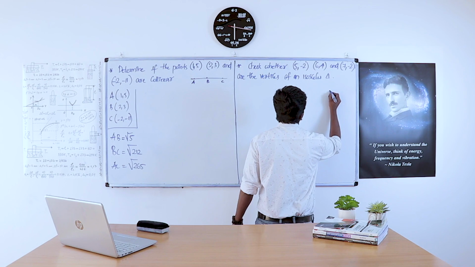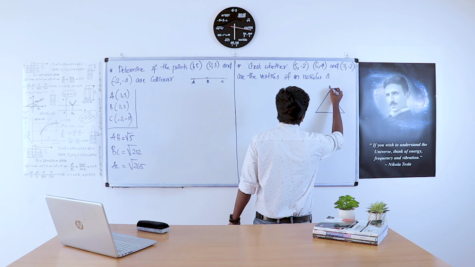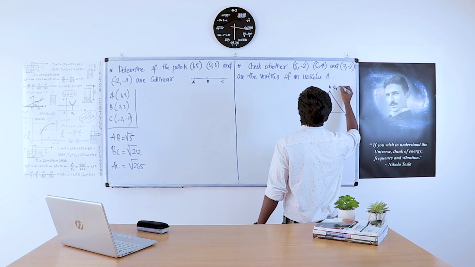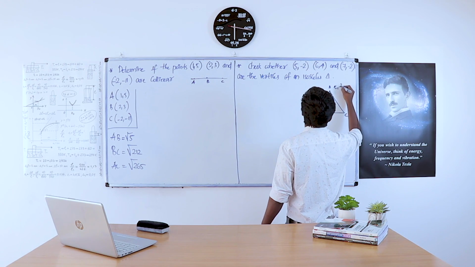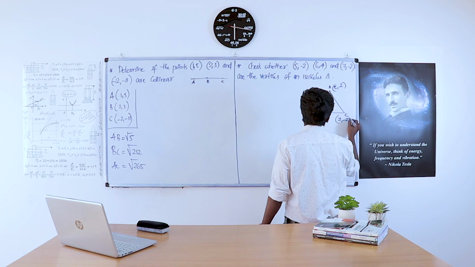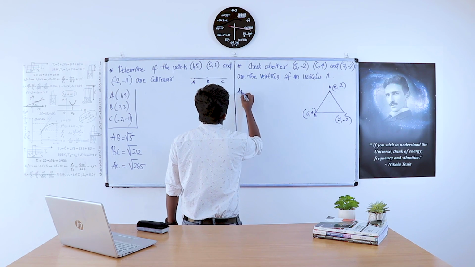Now I am considering the triangle. This is the triangle A, B and C. Marking the points: first point as (5, -2), second as (6, 4), third as (7, -2). Now taking the differences. So first I am finding AB.